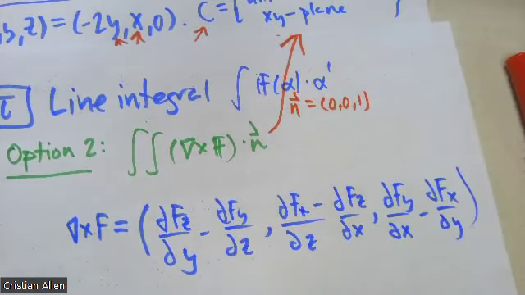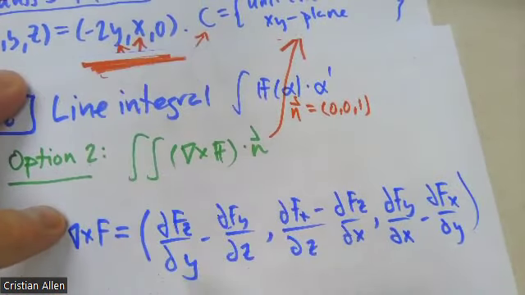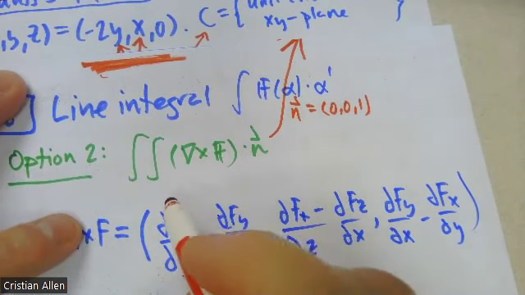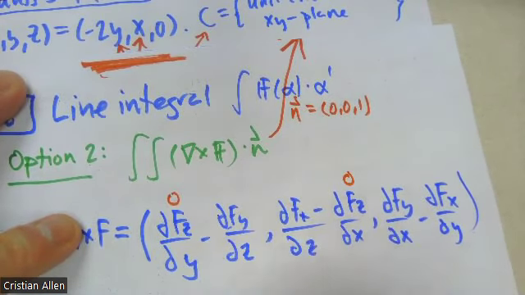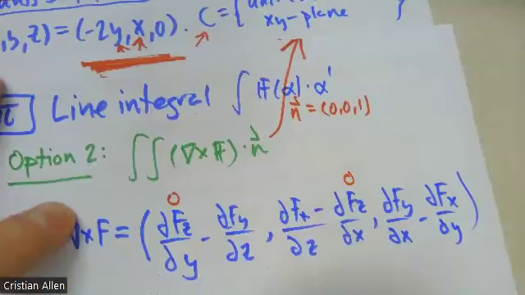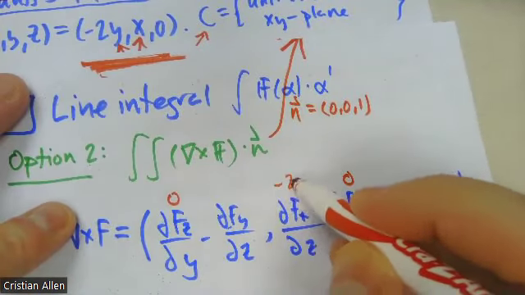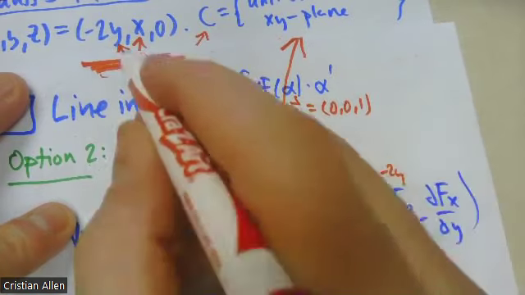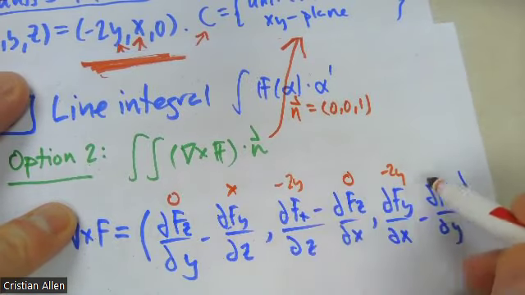Now, if we look at our vector field, which is right there, we can see that fz is 0. So these two are 0. That's going to help. We can see that the x coordinate is negative 2y. Go ahead and put that right there. And we see that the y coordinate is x.